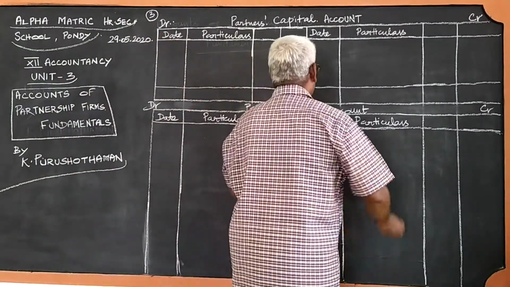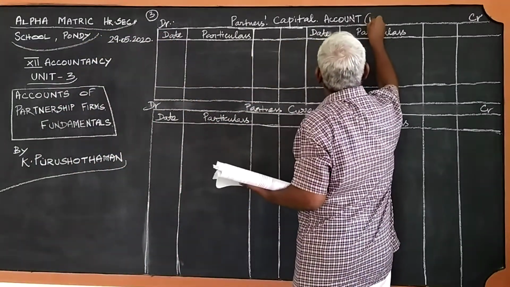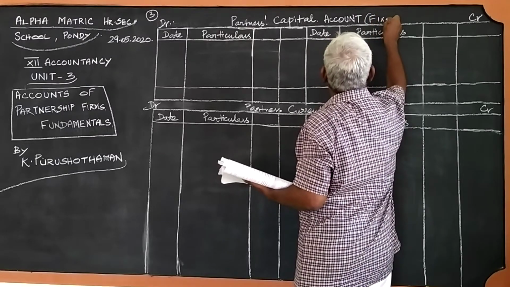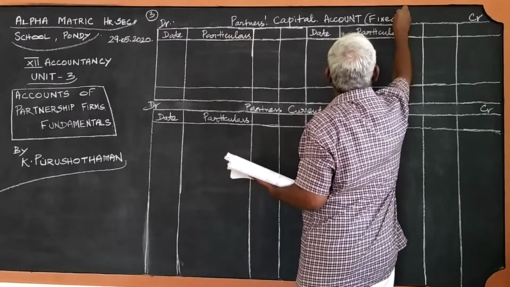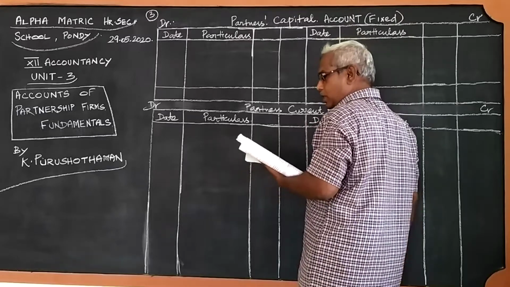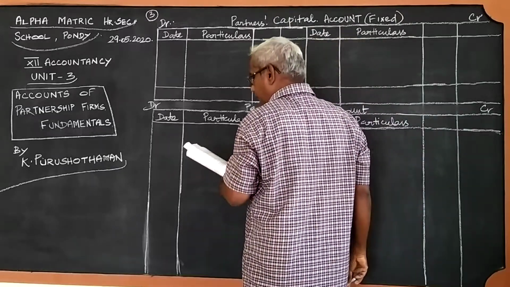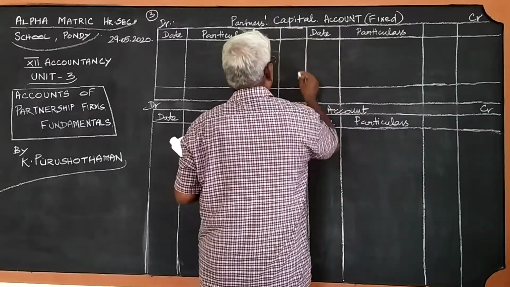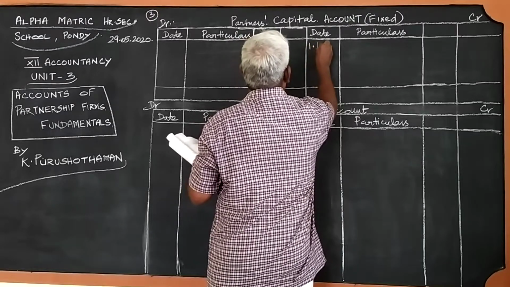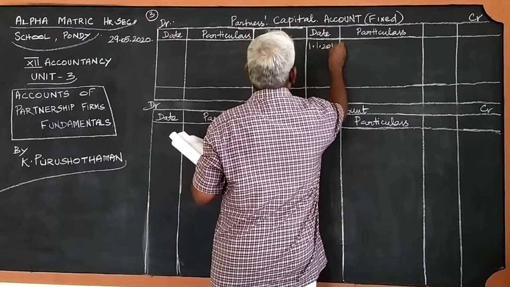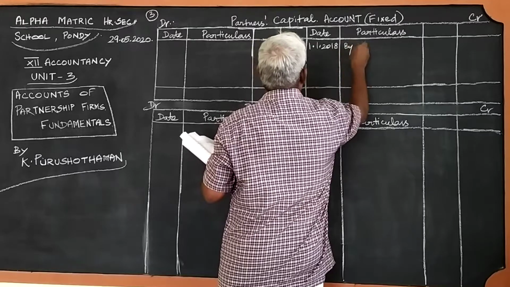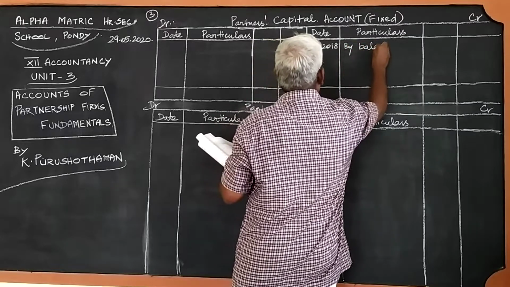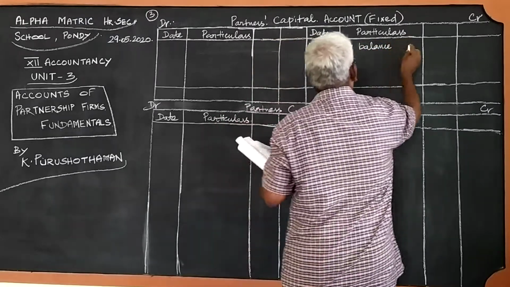So this capital account is fixed. The first one, capital as on 1st January 2018, 1/1/2018, by balance brought down.